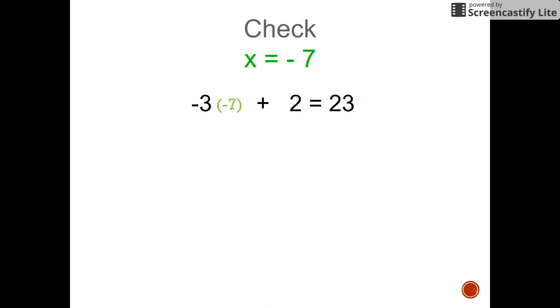The negative 3 times the negative 7 is, yes, positive 21. So I have positive 21 plus 2 is equal to 23. At this point, you say, oh, it's right because, yeah, I know that. But be sure to make sure the left side and the right side check out so they equal each other. So I have 23 on the left side and 23 on the right side. So my answer is correct. 23 does equal 23.